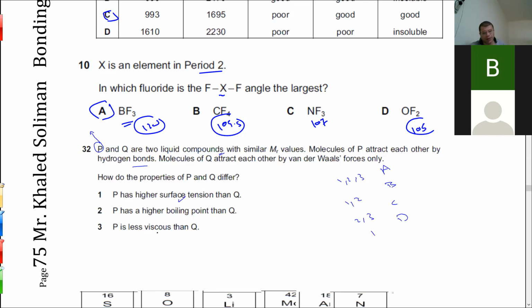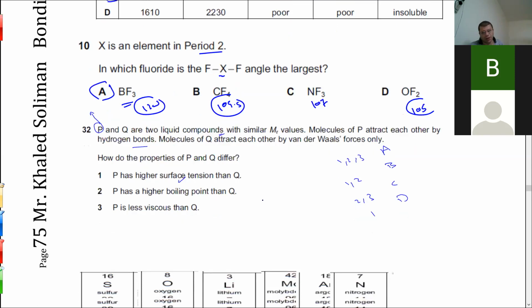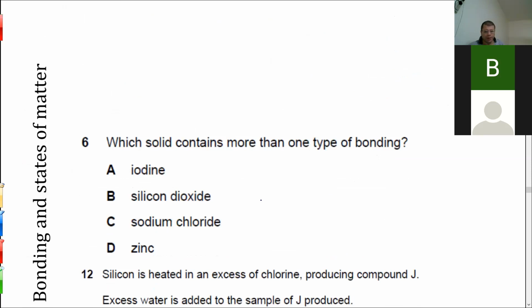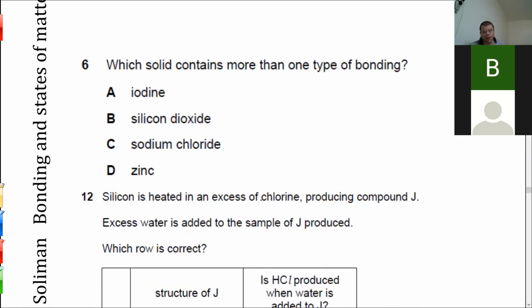They said B is less viscous. The hydrogen bond increases the viscosity, increases the melting and boiling point, increasing the surface tension also. So the answer is 1 and 2, which is letter B.